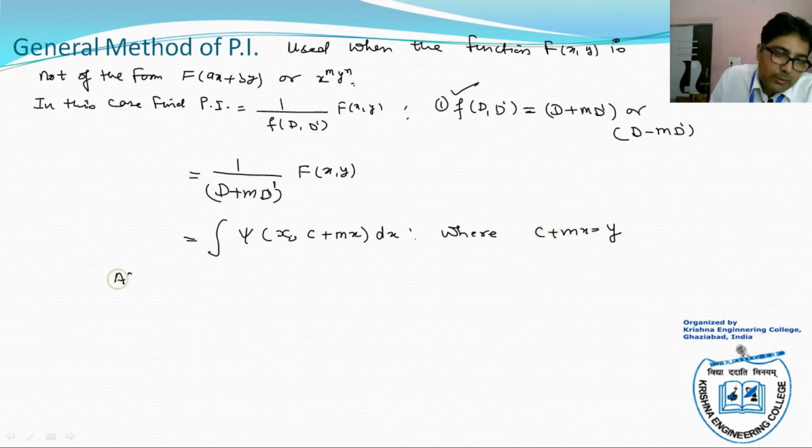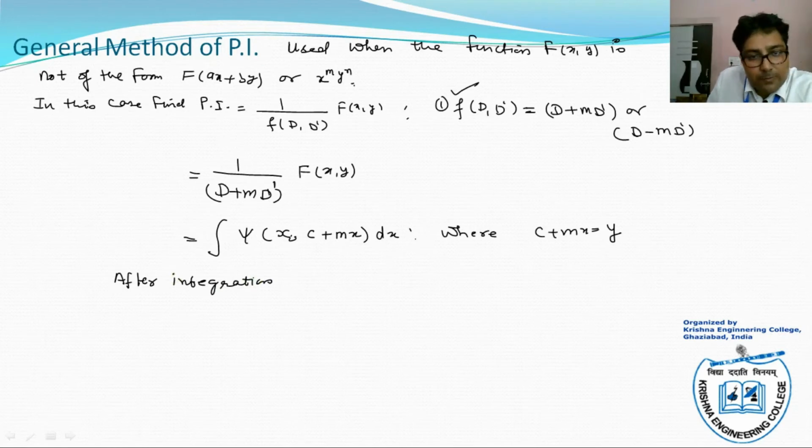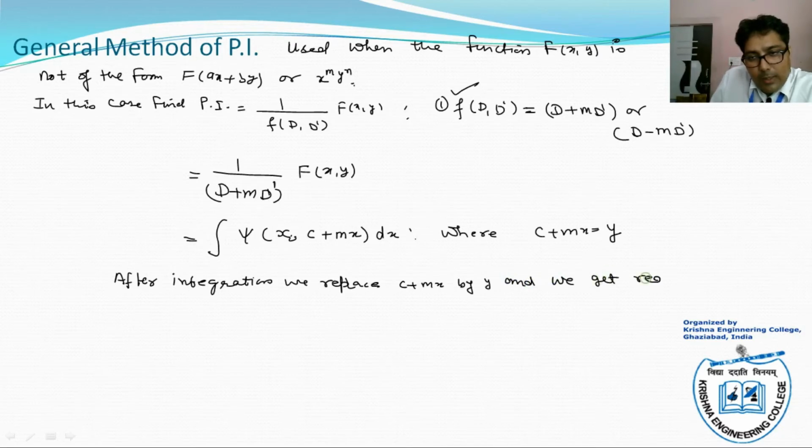After integration, we replace c plus mx by y and we get the required PI. Now we learn this method with the help of an example.